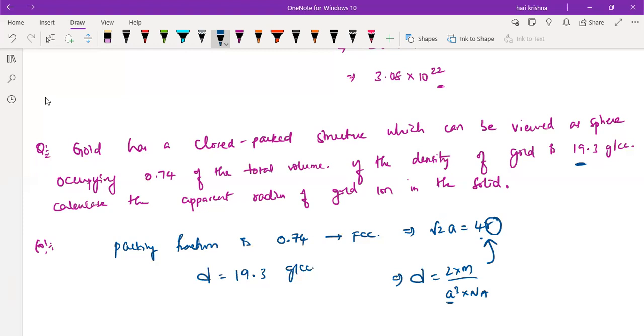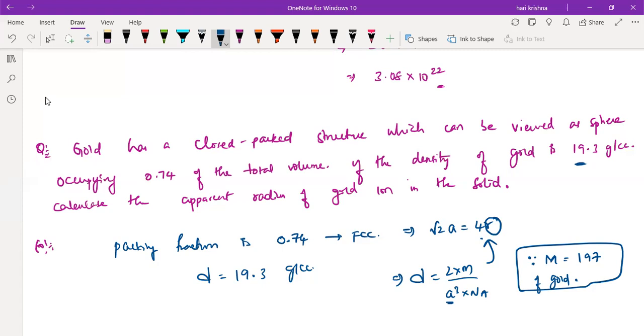But in that, they didn't give the molar mass of gold. That you have to remember. Capital M value will be 197. Do that sum.